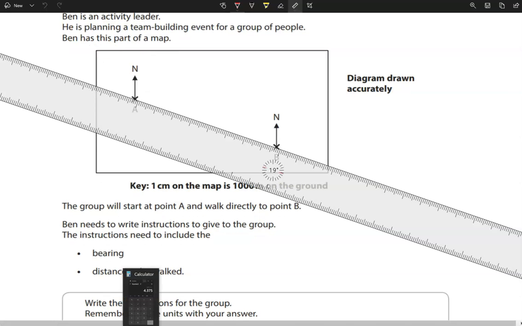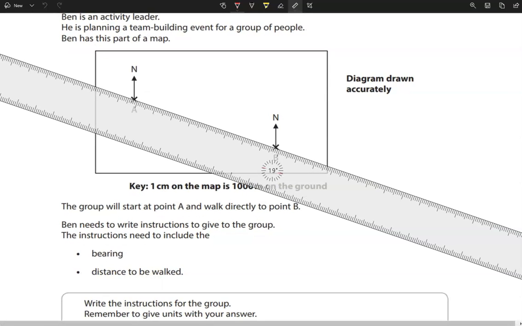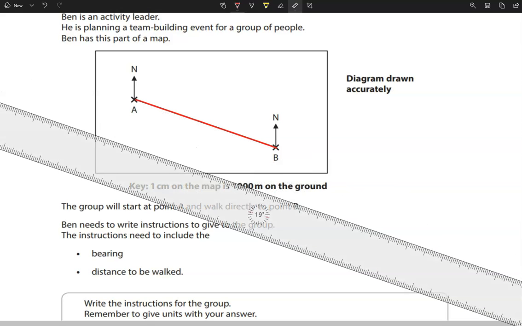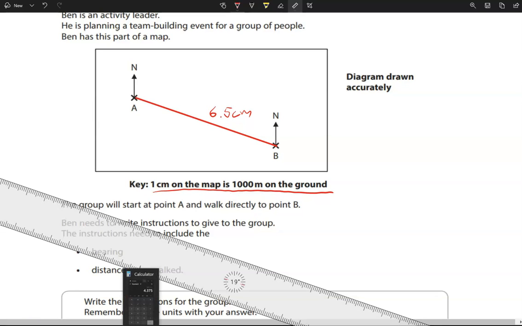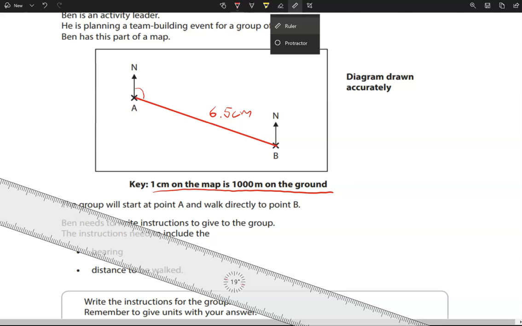So they will walk from point A to point B and will join the 2 points together. When on paper, you need to measure this distance as well between A and B, and it's about 6.5 centimeters. And we'll use the key to work out the actual distance between points A and B. Also, we'll need to work out the bearing, so we'll measure this angle here using a protractor.